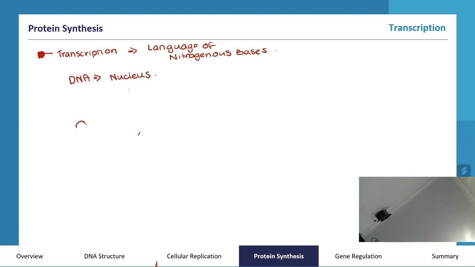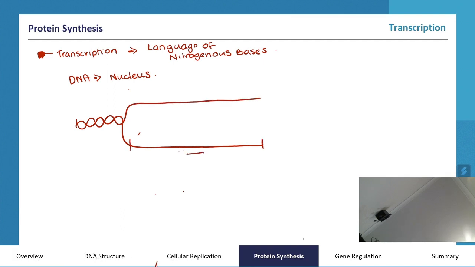And essentially, the gene that needs to be encoded will be exposed. So for example, if this is the particular gene that we need to encode, it will be exposed and copied by an enzyme called RNA polymerase. RNA polymerase will get in here and copy the gene by attaching complementary base pairs.